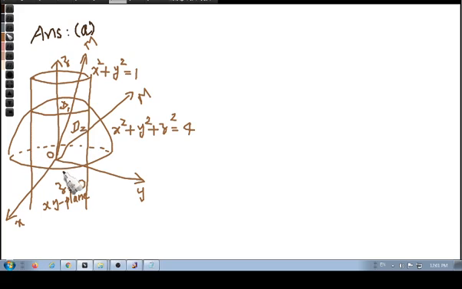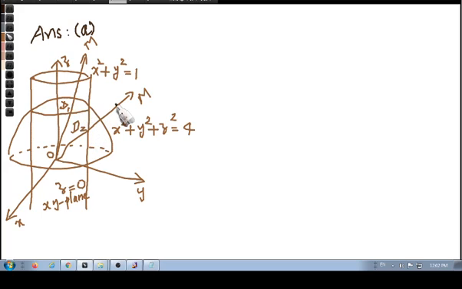And in D1, the ray enters the region when rho equal to 0 and leaves the region when rho equal to 2, because the surface is given by x square plus y square plus z square equal to 4, rho square equal to 4, or rho equal to 2. And in D2, the lower limit is 0 for rho, but the upper limit is different. We have to find it out.